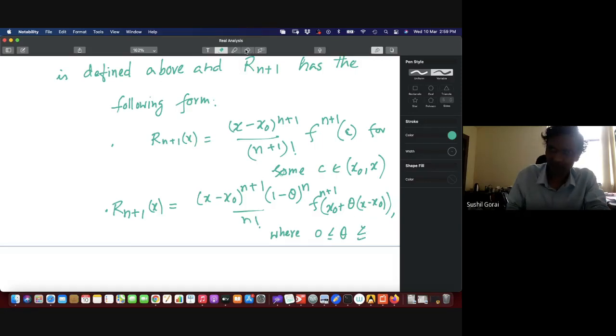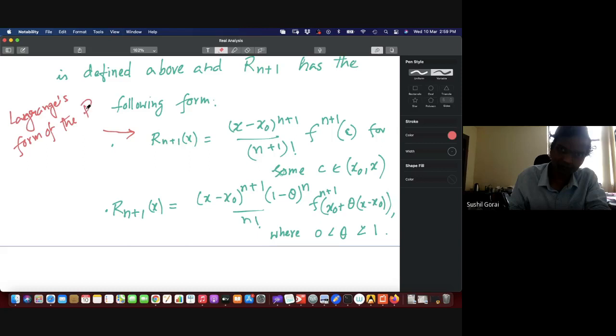It's actually strict. So what is this? This is Lagrange's form of remainder. This is Cauchy's form of remainder.